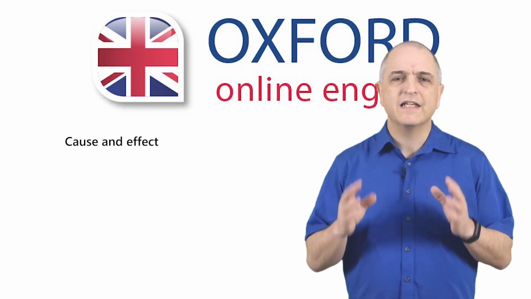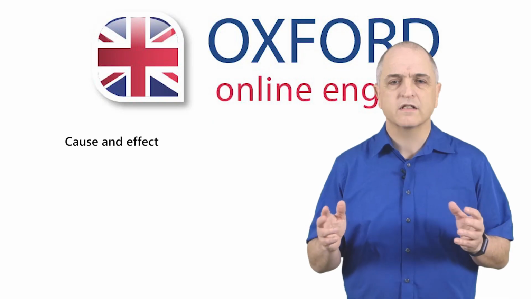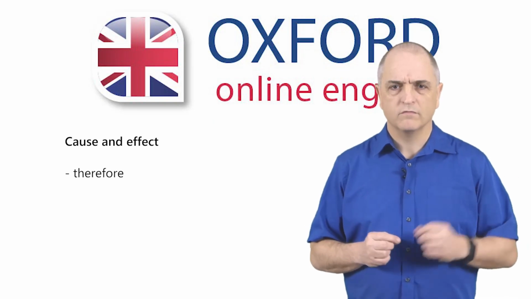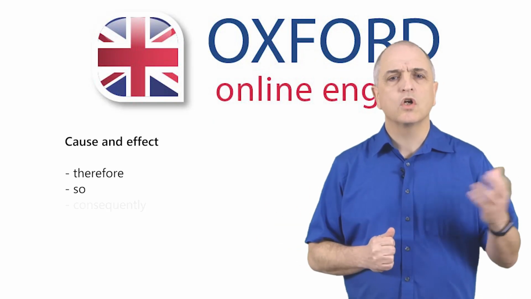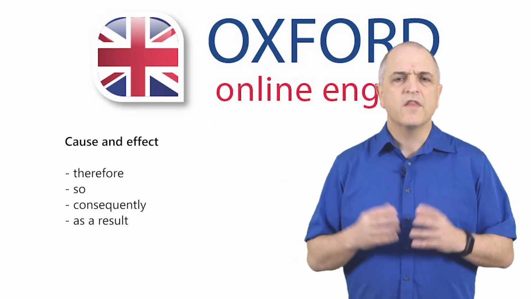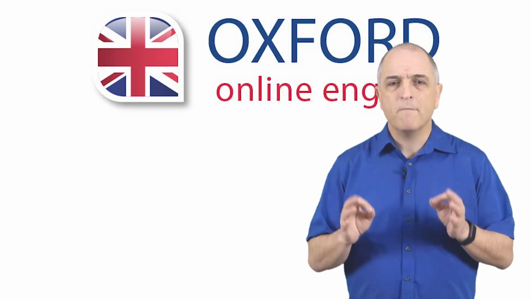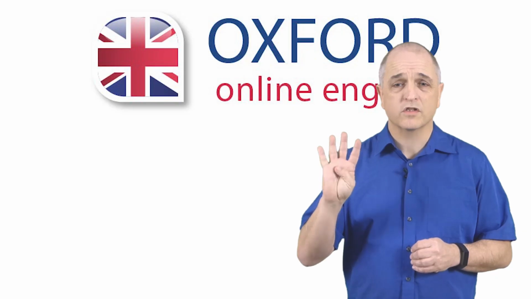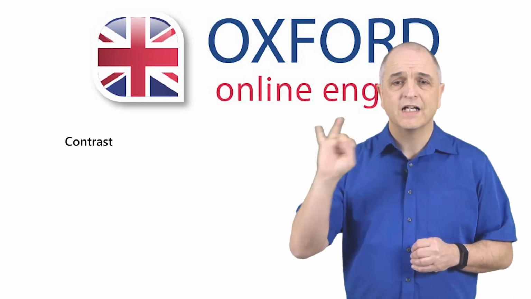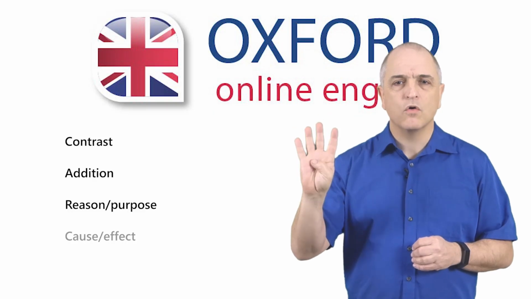You can use linking words to connect a cause and effect, like therefore, so, consequently, or as a result. There are others, but this is a good starting point. Remember these four functions: contrast, addition, reason or purpose, and cause-effect.